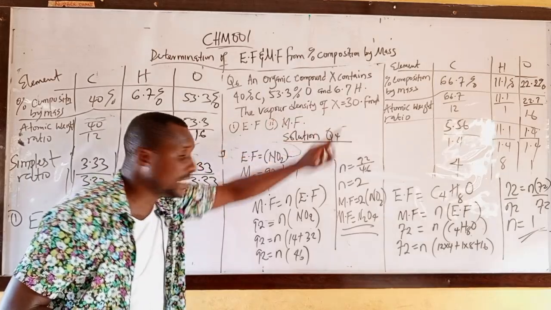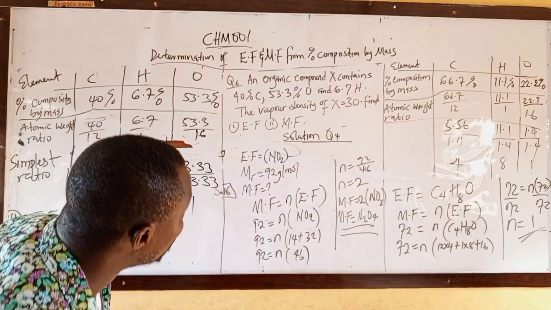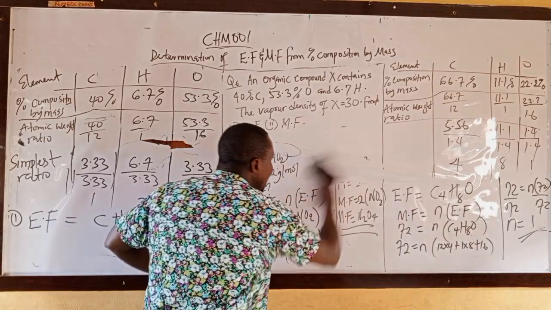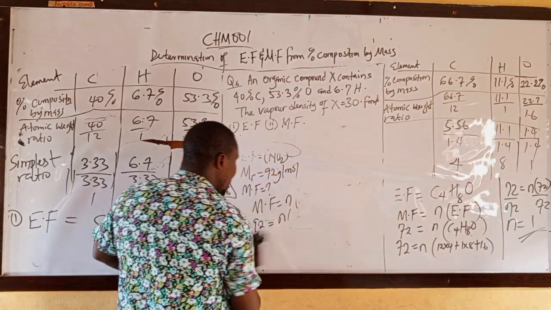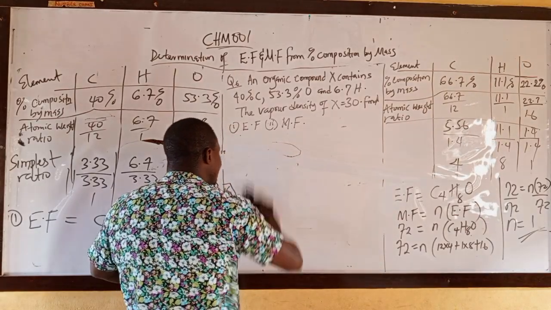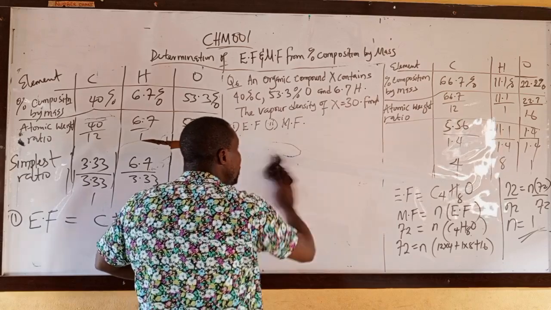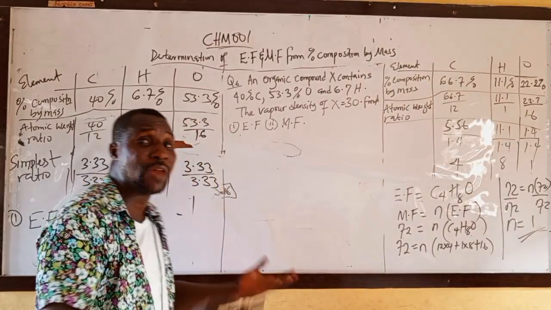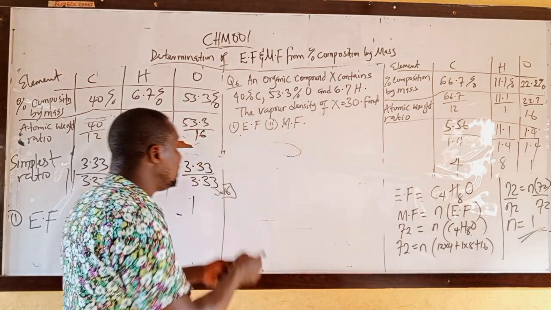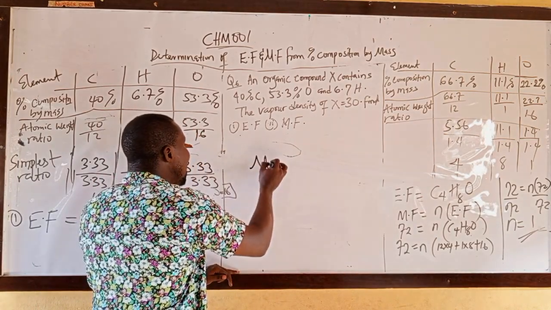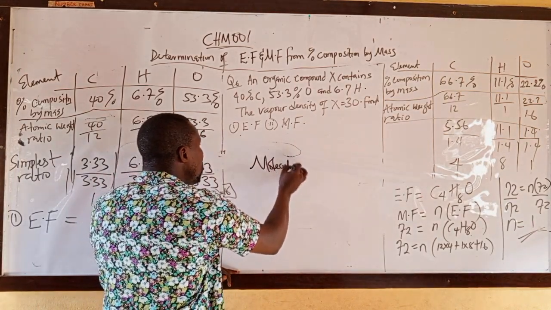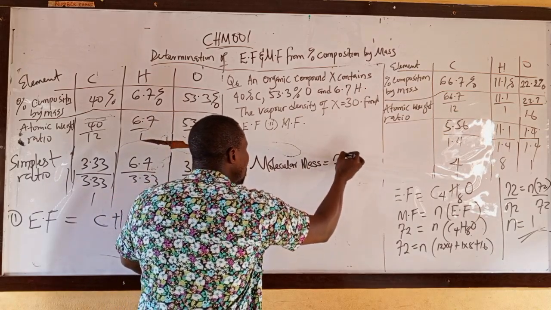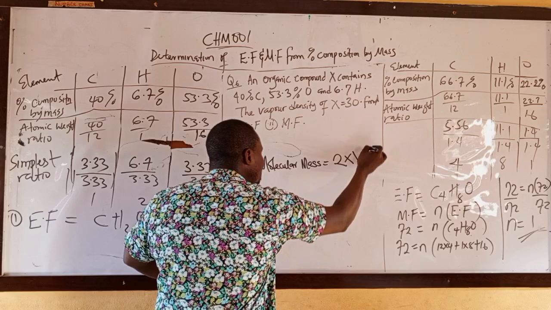The vapor density of the compound is given as 30. In this case, we are not given the relative molecular mass. What is the formula that relates molecular mass and vapor density? Molecular mass equals 2 times vapor density.